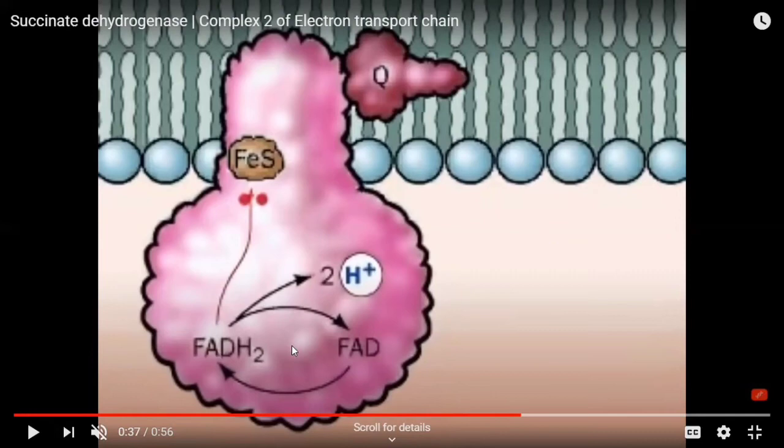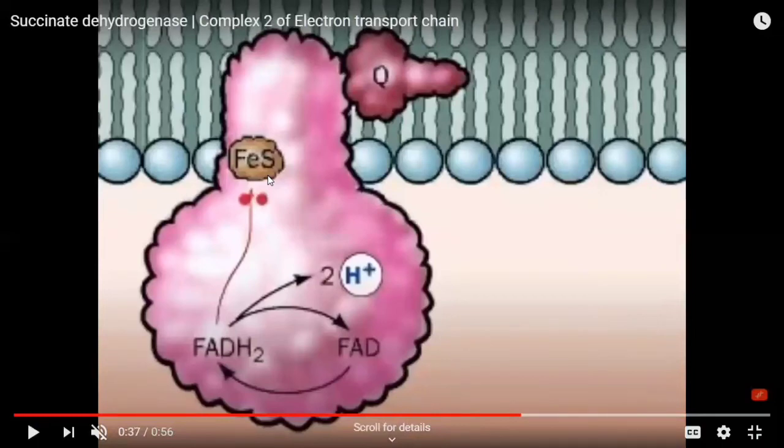Same as for complex 2, the 2 electrons will be transported to the FAD and then FADH2, and from the FADH2, 2 electrons will be transported to the iron sulfur centers, and from the iron sulfur centers they will be transported onward. There are 3 iron sulfur centers present in complex 2.